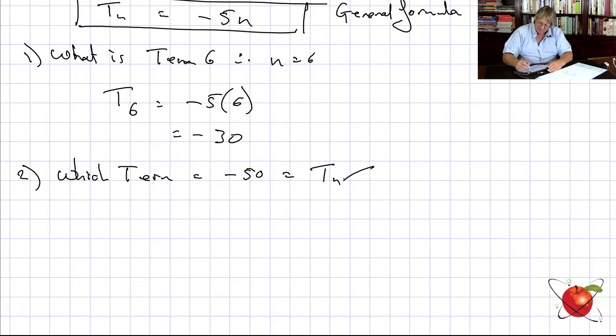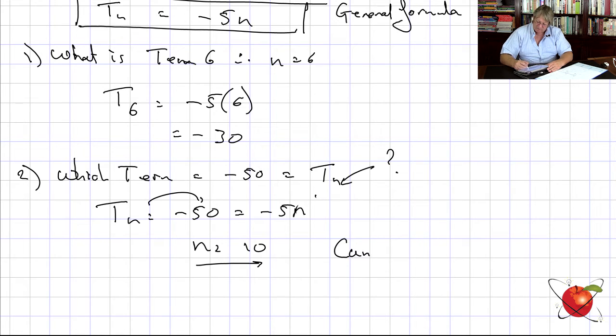We're looking for n now. So Tn is equal to minus 50, which is equal to minus 5 times n, correct? All right, I put that into brackets. It wasn't in brackets before, so let's just keep it as that. Therefore, I can work out what n is. So therefore, n is equal to 10.